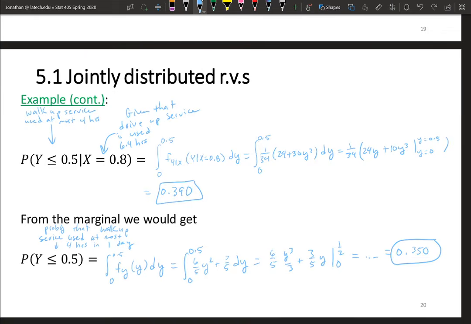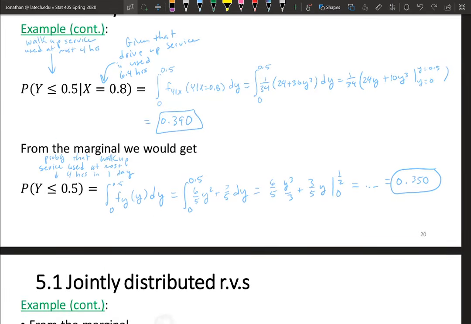So these would not be independent, since the probability that y is less than or equal to 0.5 is not equal to the probability that y is less than or equal to 0.5 given x is 0.8, these x and y are dependent. Otherwise, if they were independent, these would be the same. It shouldn't matter what x is if they're independent, but it does matter. X being some particular value does change what happens to y, so they are dependent.